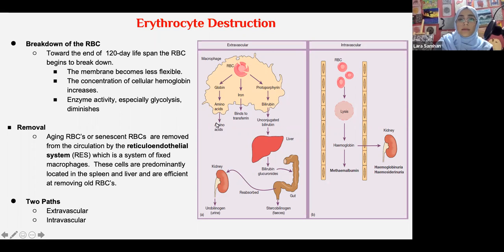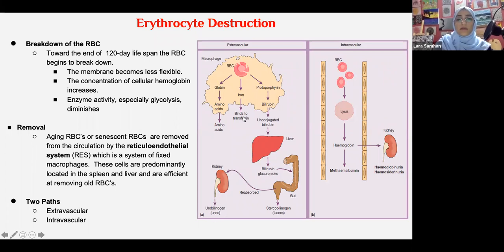The globin is protein, so it will get broken down to its basic unit, the amino acids, and the protoporphyrin is going to become unconjugated bilirubin, which is going to go to the liver, and then from the liver to the gut, from the gut back to the liver, then to the kidney, and from the kidney it's going to be excreted from the body in the form of urine.